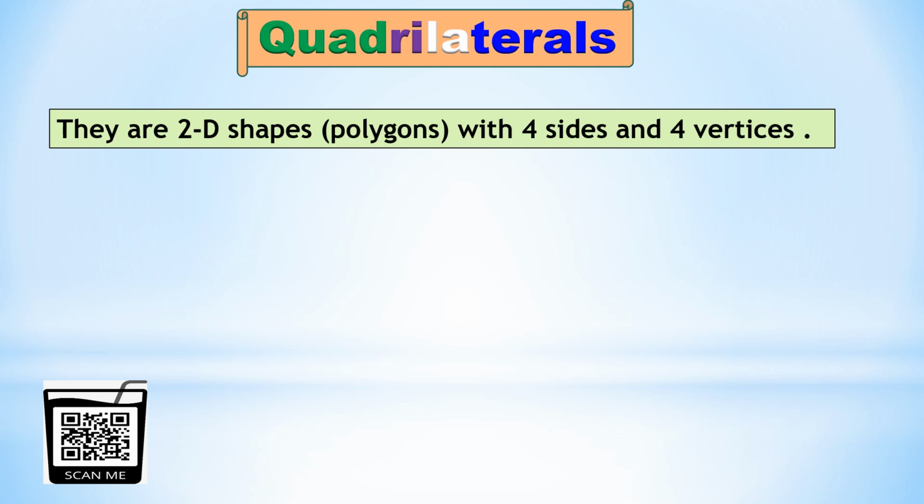We said in the previous slide the meaning of polygons. So they must be polygons and they must have 4 sides and 4 vertices. So quadrilaterals are 2D shapes or polygons with 4 sides and 4 vertices.